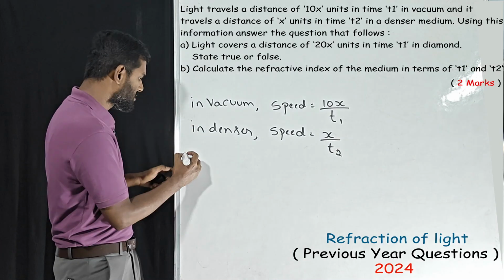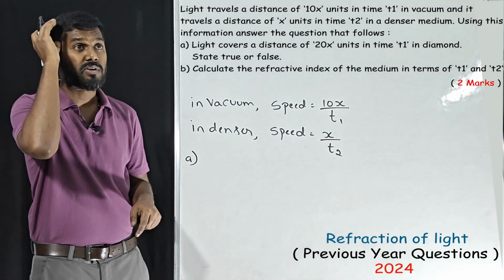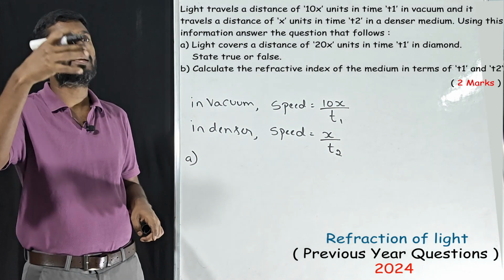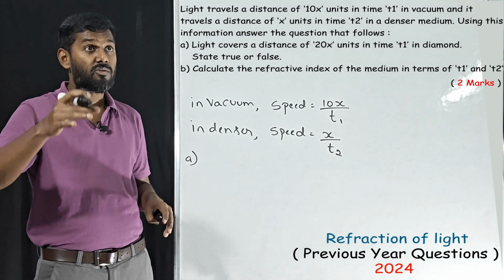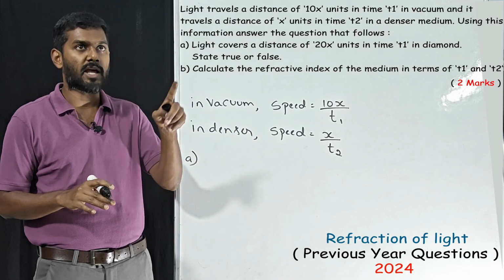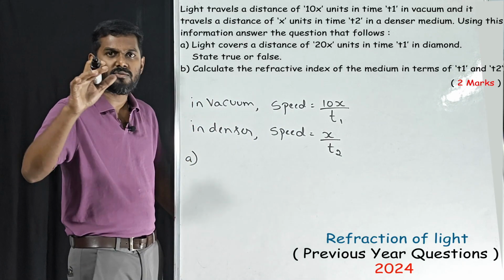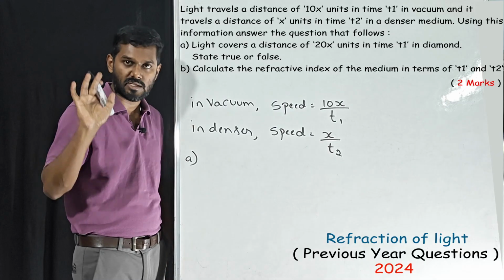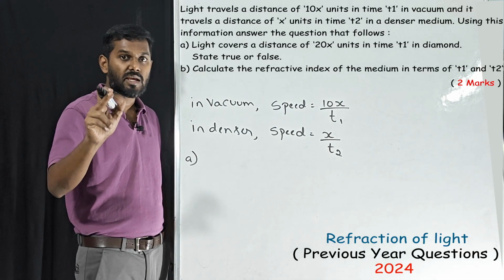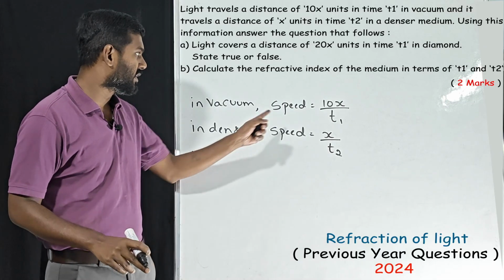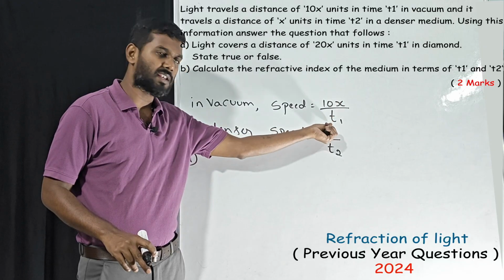First one: light covers a distance of 20x units in time T1 in diamond. Listen, we know the speed of light in vacuum is the highest. So it is traveling 10x distance in time T1.